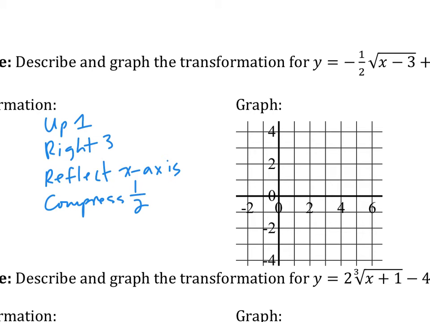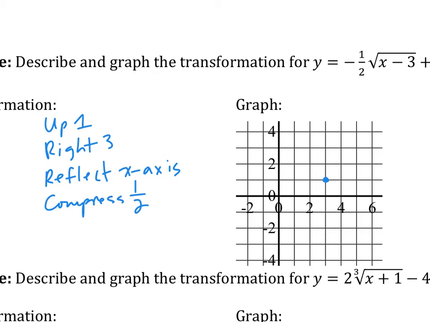Up 1, right 3 is where we start this graph. So here. We know this is going to be a square root graph, so it's going to point to the right. However, it's reflected across the x-axis, so it's going to go down. And then it's going to compress 1/2. Compress 1/2 means whatever the height was is now shrunk by 1/2. The points started with 0, 0, 1, 1, 4, 2.